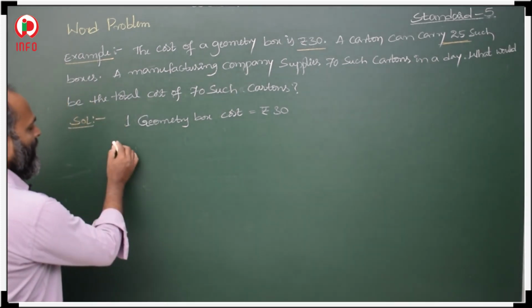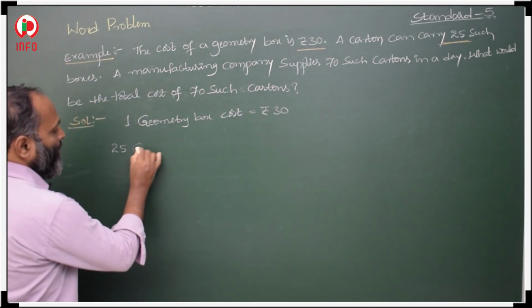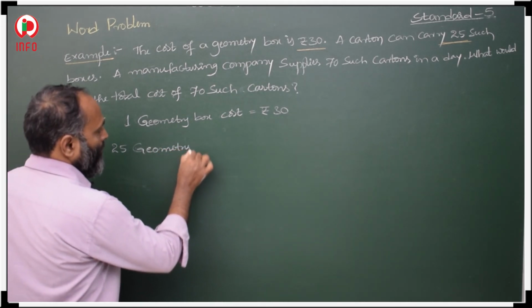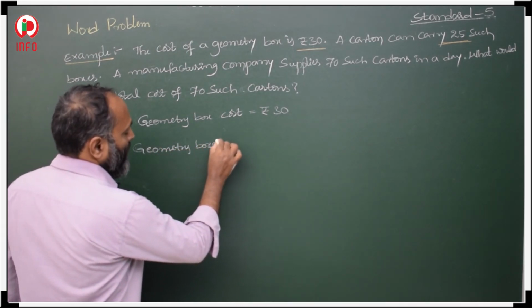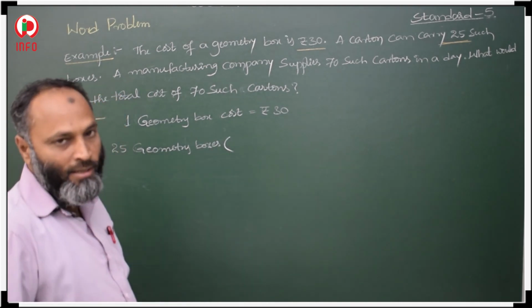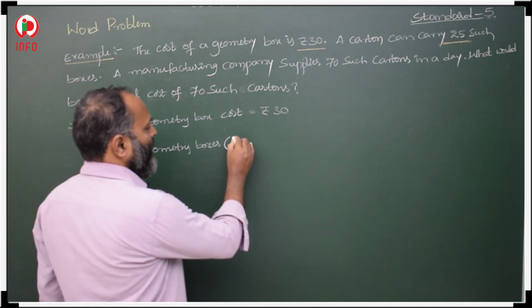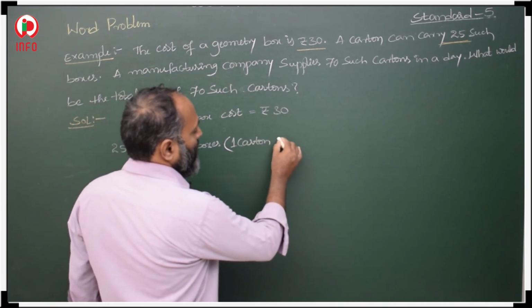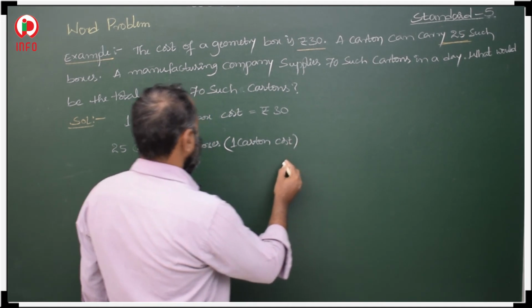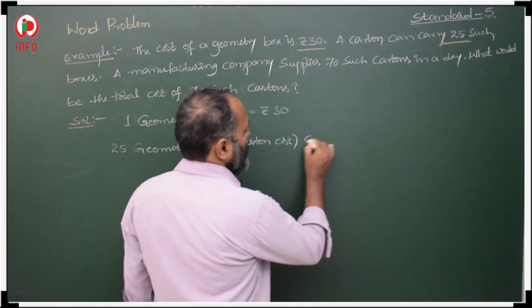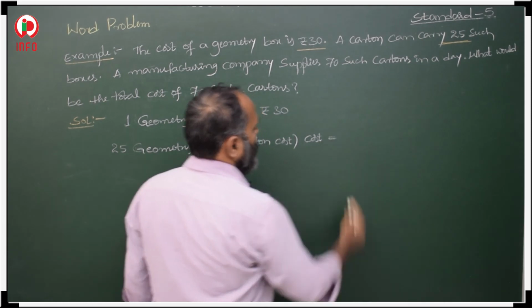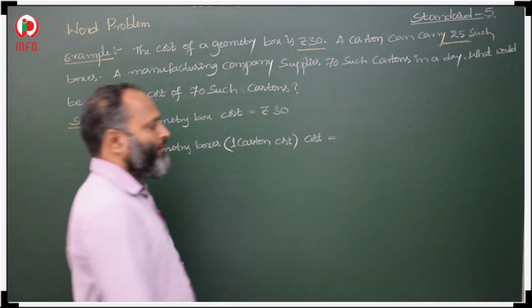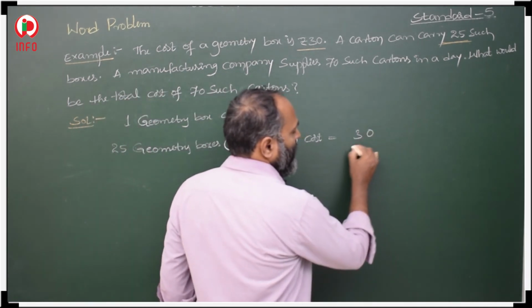It means 25 geometry boxes, which is equal to one carton cost. The cost of 25 geometry boxes is equal to 30 multiplied by 25.